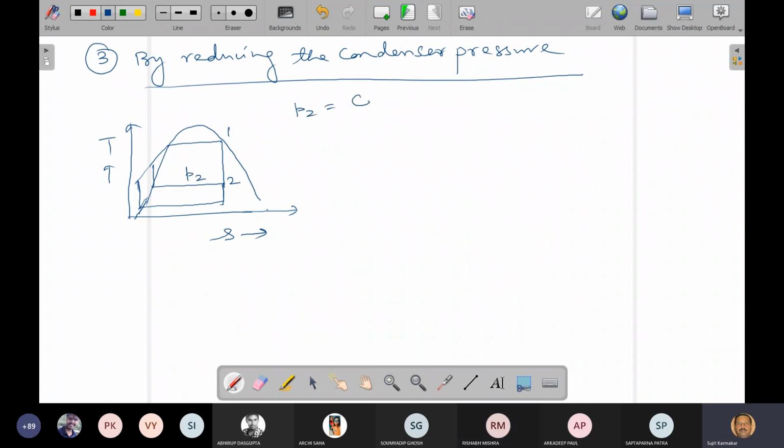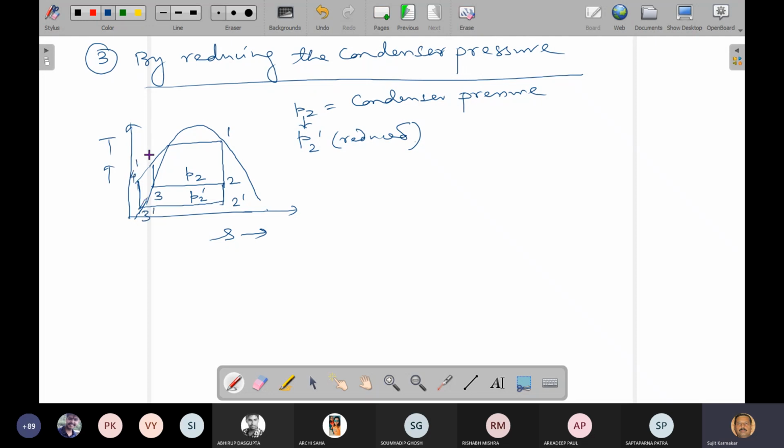P2 is the condenser pressure. Okay, so this is the condenser pressure, and P2 dash is now reduced. So it is becoming 2 dash. Earlier it was 3, now it is 3 dash.